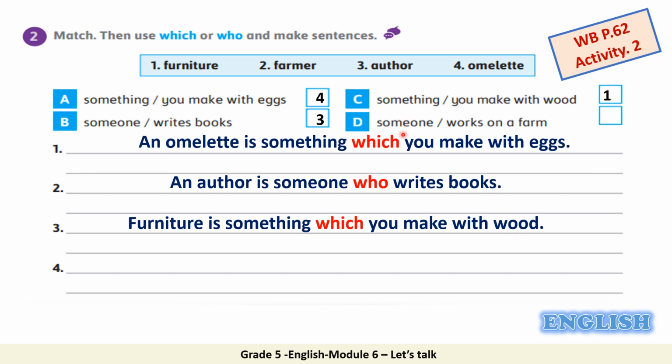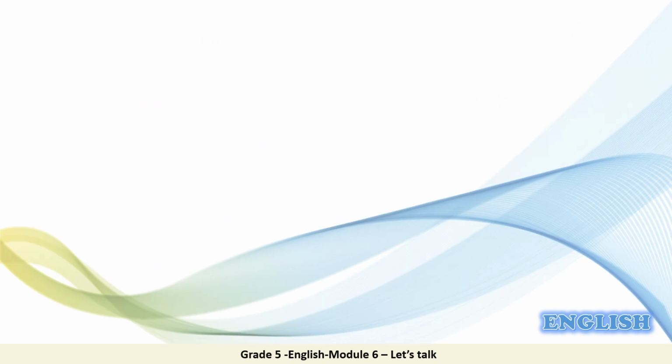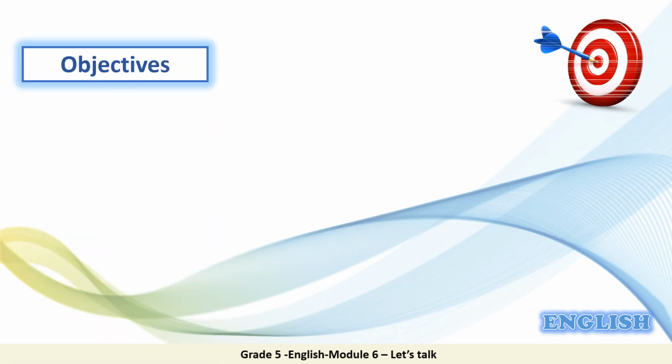Number 4, someone who works on a farm. Good job. He is a farmer. A farmer is someone who works on a farm. Dear students, we have successfully achieved our objectives.